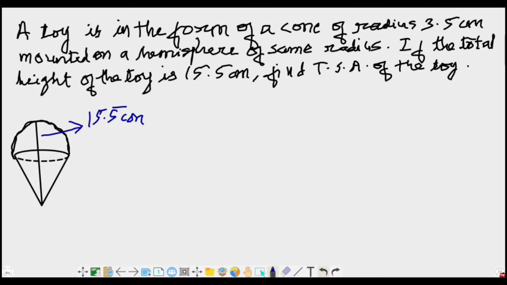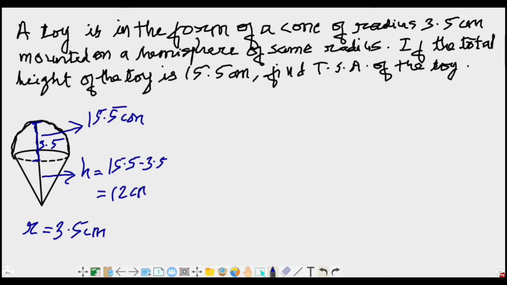Find the total surface area of the toy. Now the radius is given as 3.5 centimeter. From this point till this point it is the radius only, 3.5. So the height of the remaining part, that is the height of the cone, will be 15.5 minus 3.5, so it will be 12 centimeter. Correct?